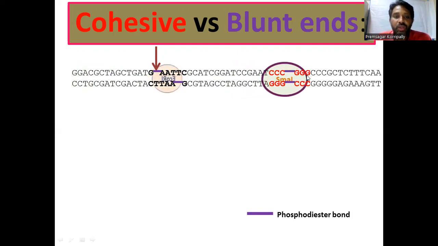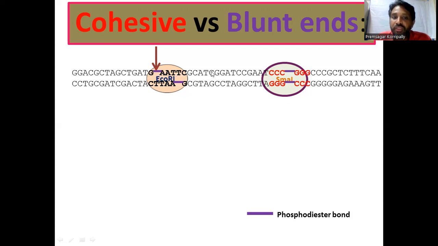Then EcoR1 digests the two strands and leaves the cohesive ends. You can see here the first cut at the one end, between the two bases of the same strand.